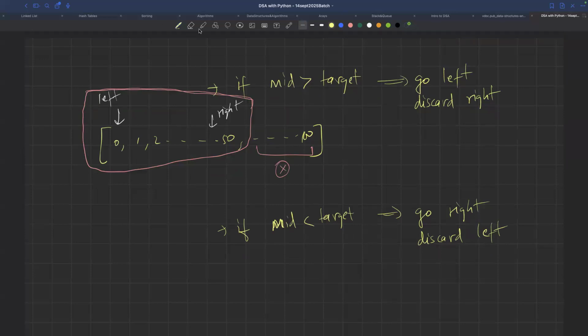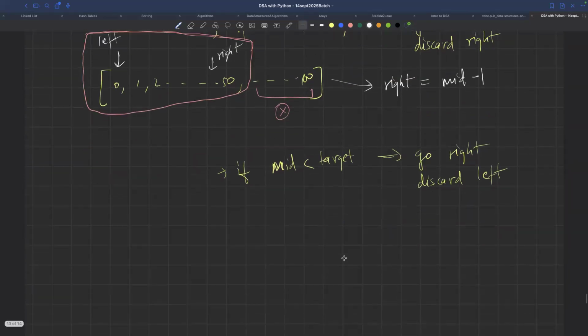Here we will say that the right pointer, in this case, will become mid minus 1. The right pointer will not be mid because mid we have already checked. So we go one step left of mid. If mid is less than target, then we will go right.